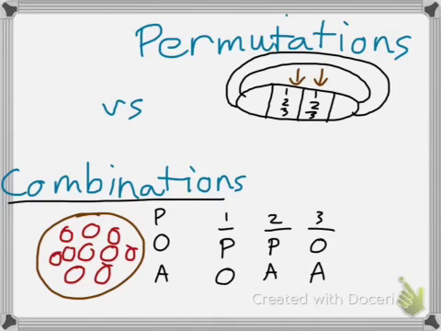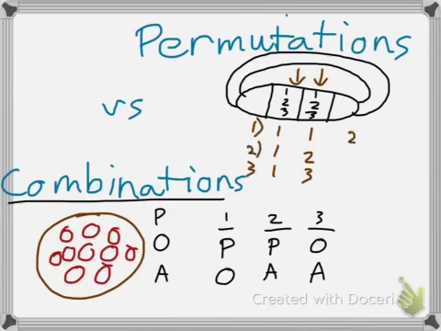So let's see. You could pick 1 to be the first one, and then 1 the second one. You do 1 the first, 2 the second, 1 the first, and 3 the second. Those are all legitimate options. So that's 1, 2, 3.